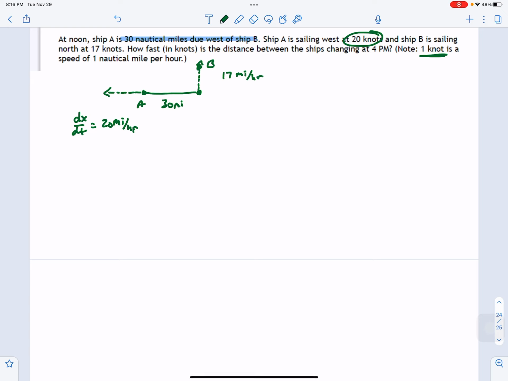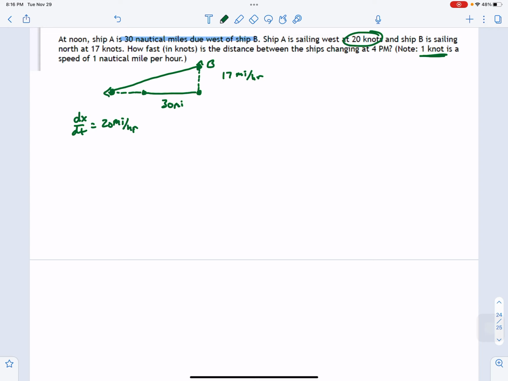So how fast, in knots, is the distance between the ships changing? So real quick, A is someplace over here now. And how fast is this distance between them changing? Since they want a rate, let's label a couple of things.